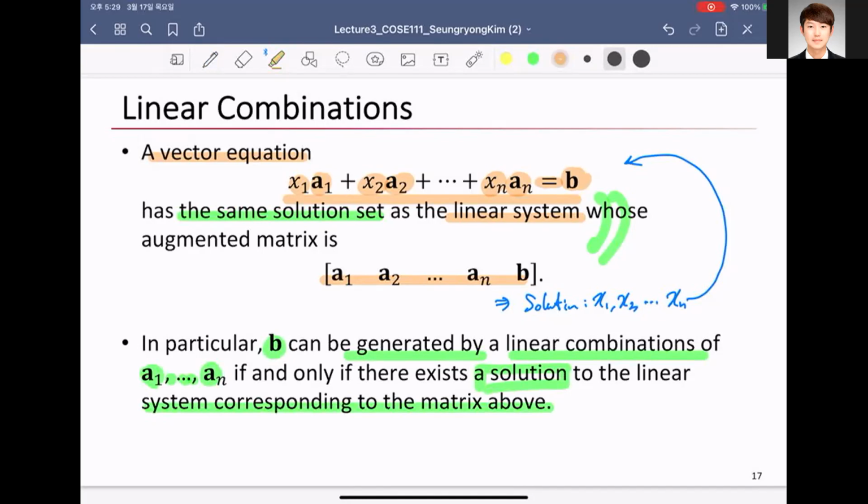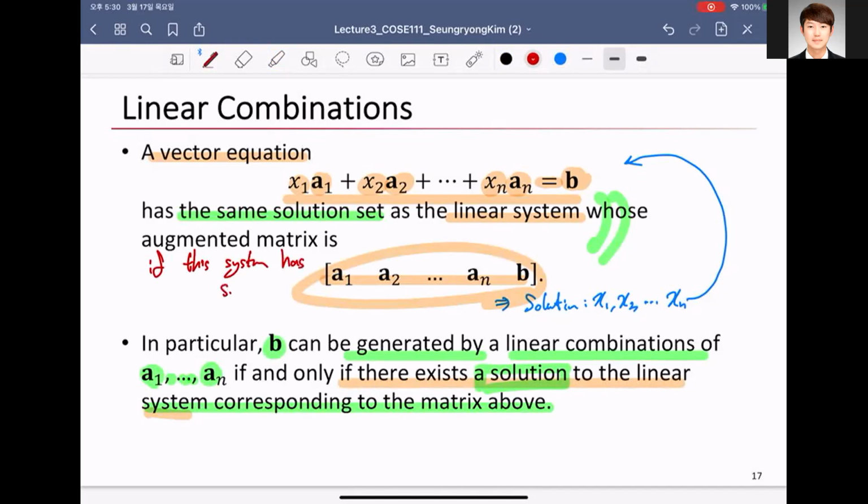In other words, if this system has a solution, it doesn't necessarily mean a linear system always has a solution, right?